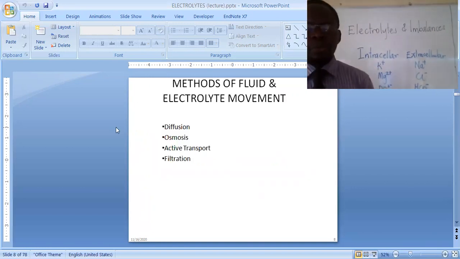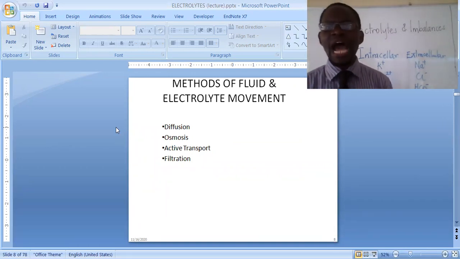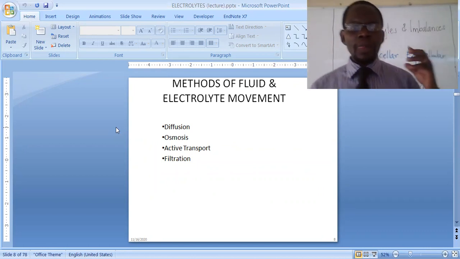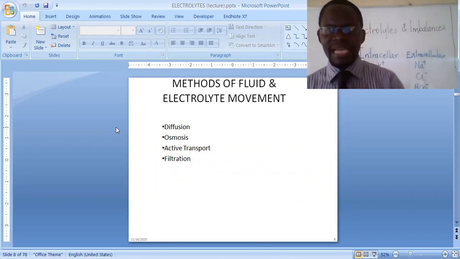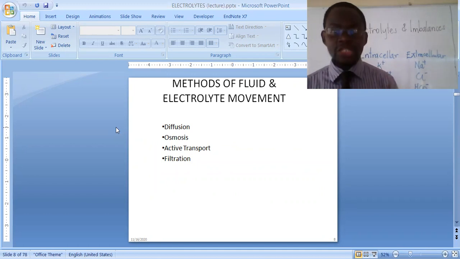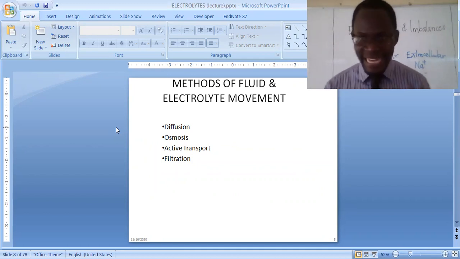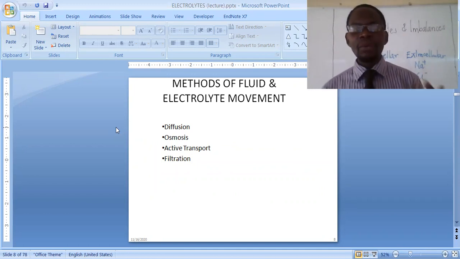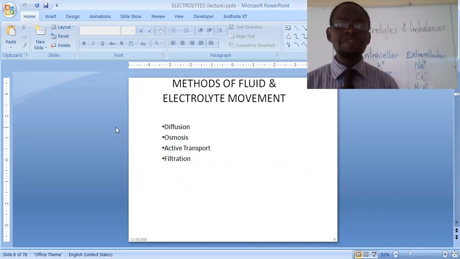So we want to look at how electrolytes and fluid enter and leave the cell. Now, there are 4 processes by which ions or even electrolytes enter cells. One of the processes is called diffusion.